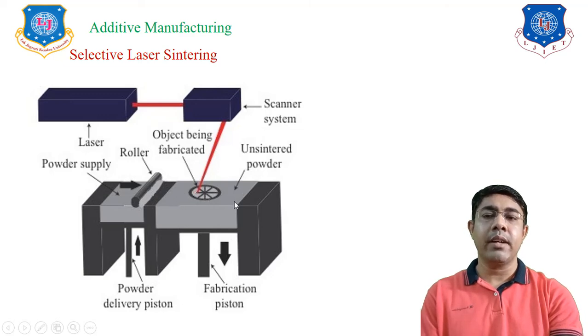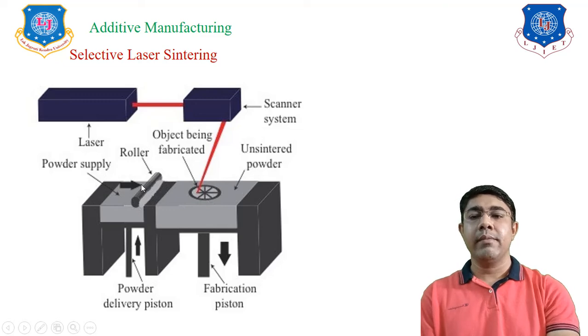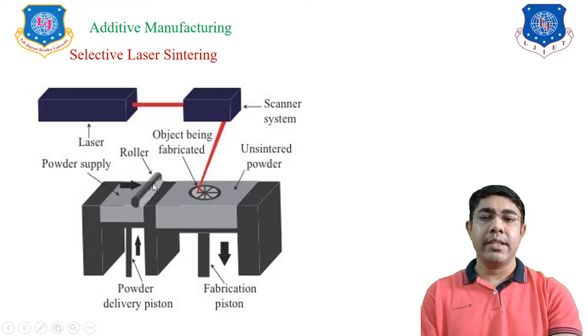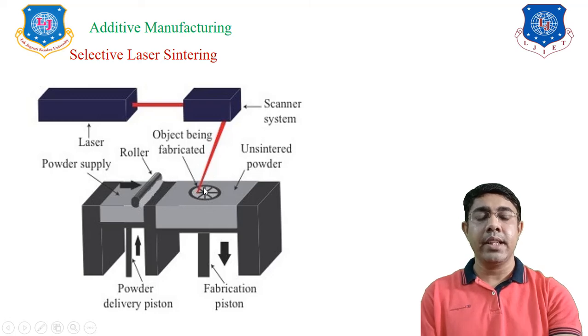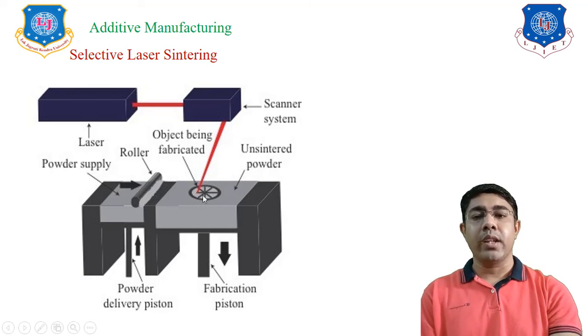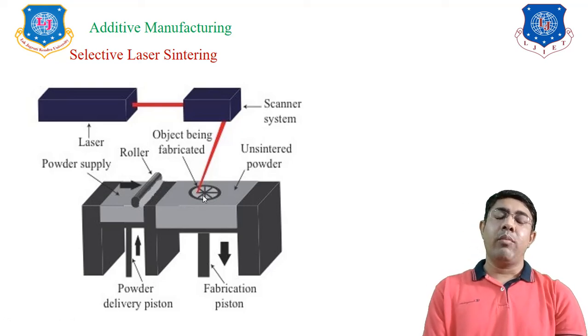So the powder layer is made by the powder delivery system, and after that the laser is transmitted according to the cross sectional area requirement. Whatever area is covered by the laser can be sintered, because the temperature of these powder particles is slightly lower than the melting point.